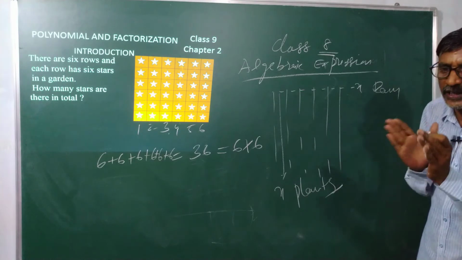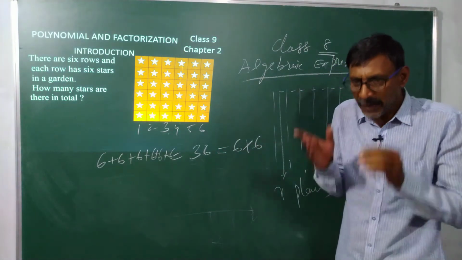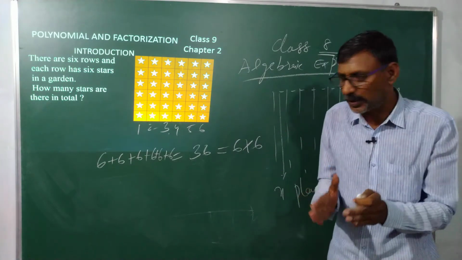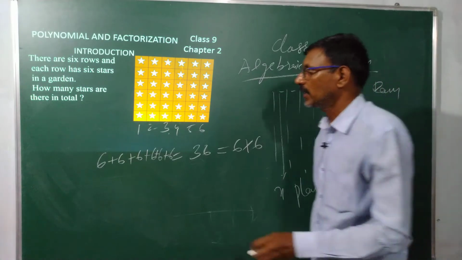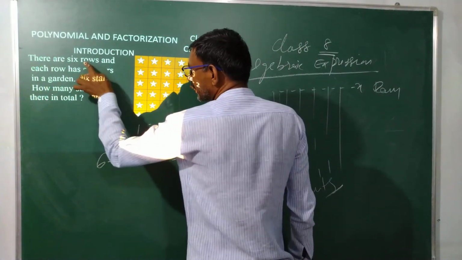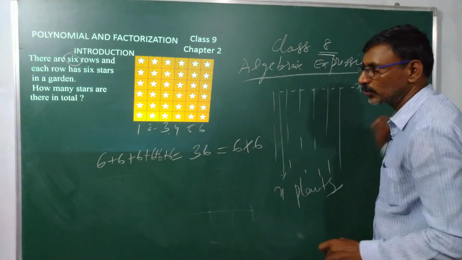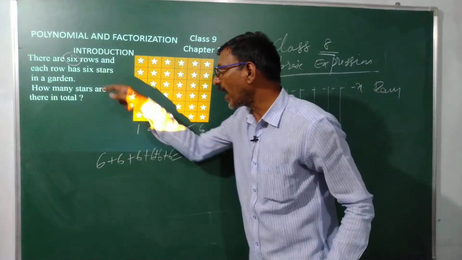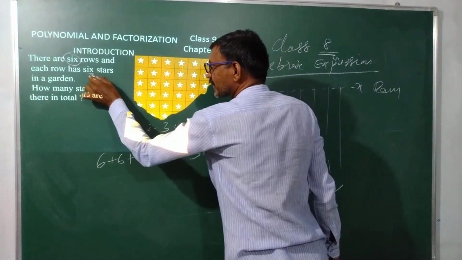Here I would like to change the number to some x. X is my variable. Maybe 6, maybe 10, maybe 20, maybe 30. Here there are 6 rows. In place of 6 I have taken x rows, and each row has x plants.